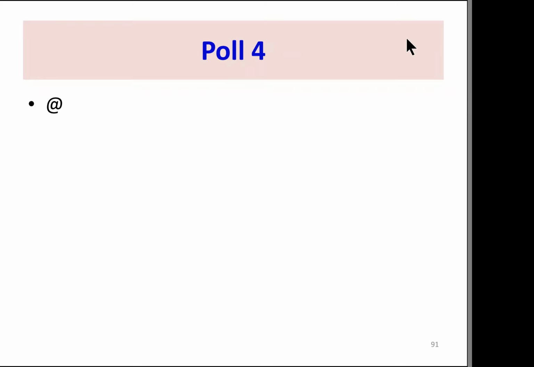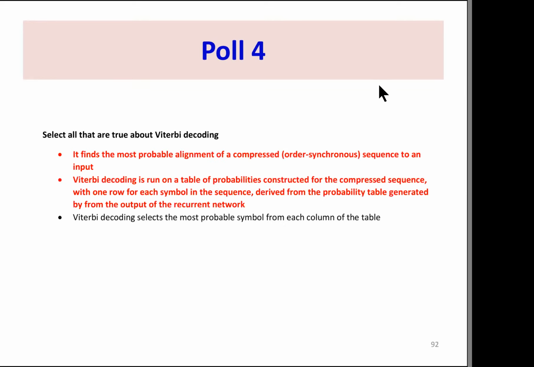Okay, let's see. So this was easy enough. The Viterbi decoding finds the most probable alignment of a compressed order synchronous sequence to an input. It's run on a table of probabilities constructed for the compressed sequence with 1 row for each symbol in the sequence, which is derived from the probability table generated from the output of the recurrent network.